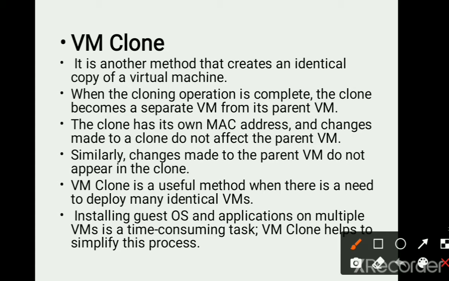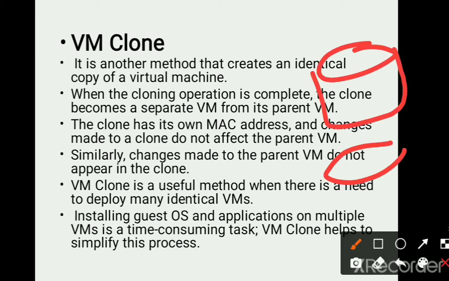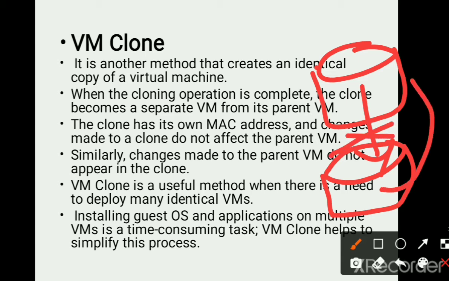It is something like inheritance, right? In inheritance, you are transferring from a parent to the child. The same way, from the parent VM to the clone, it is transferred. But once the connection is broken, nothing is moved to the parent from the clone, nor from the parent to the clone, right?